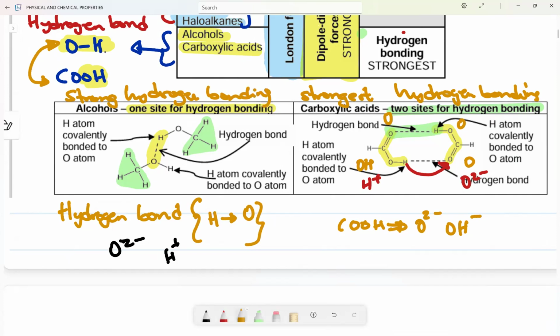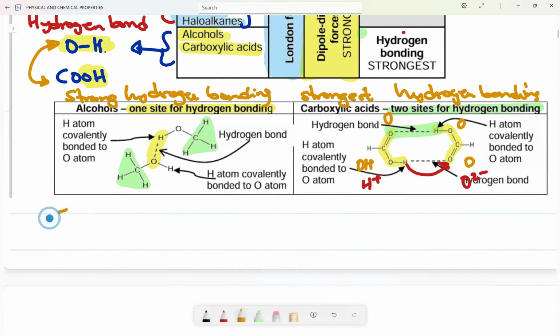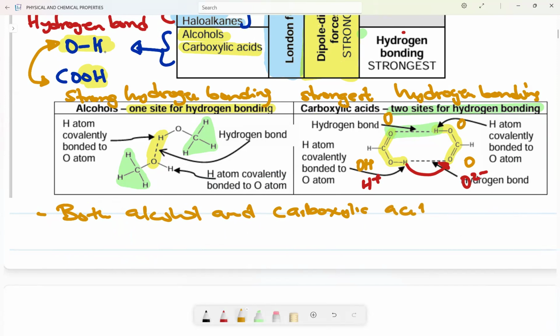So now you know when you compare between alcohol and carboxylic acid, in case we have a scenario like that, you're going to say both alcohol and carboxylic acid have hydrogen bonding. Do not say carboxylic, you're going to get it wrong. Write it in full: carboxylic acid.